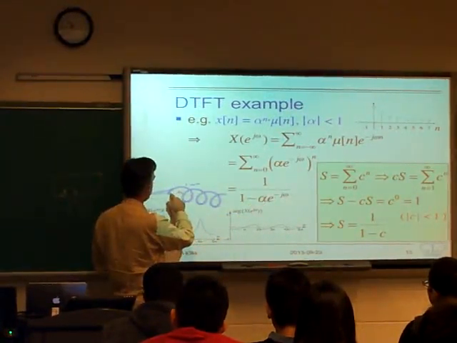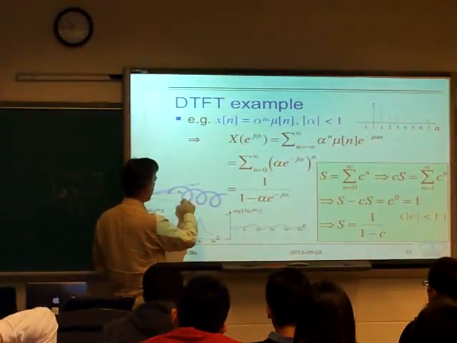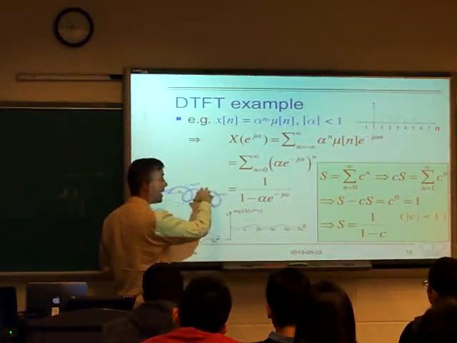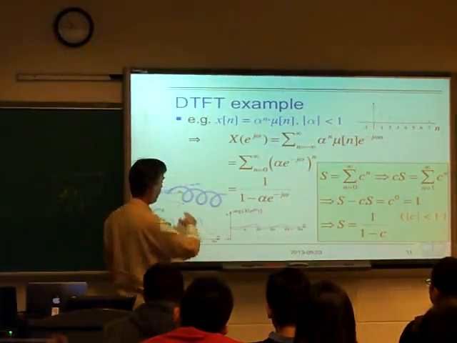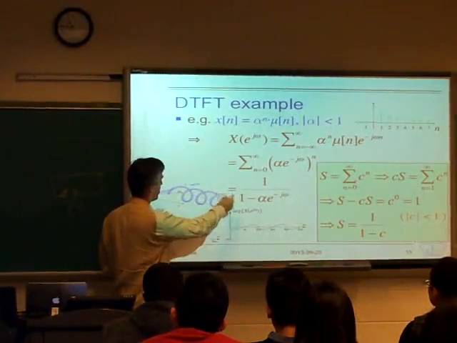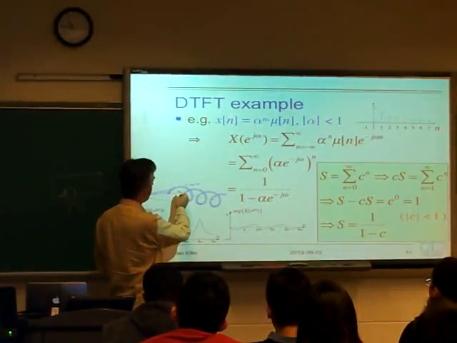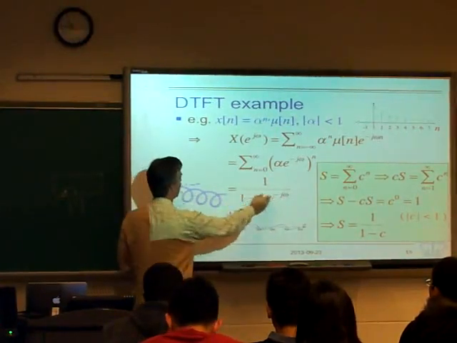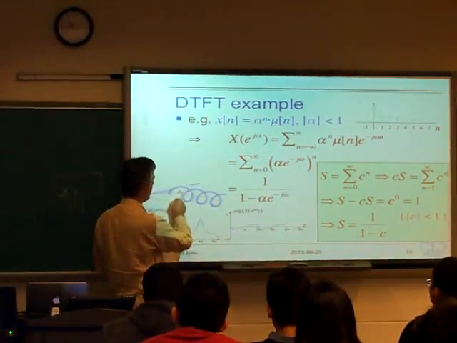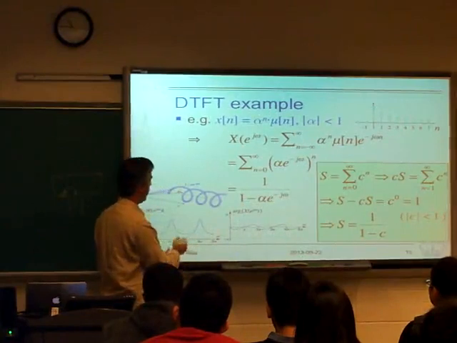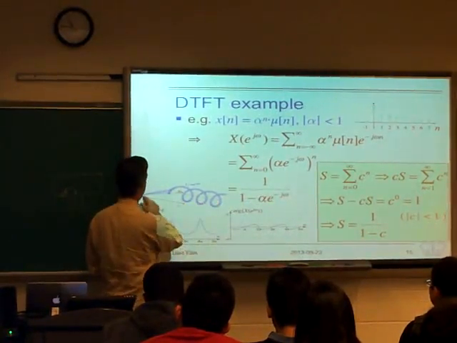Well, e to the j omega or e to the minus j omega is some kind of helix like this, right? That's the complex sinusoid. So we're scaling that by alpha, and then we're negating it, and then we're adding it to 1 to get this denominator here.